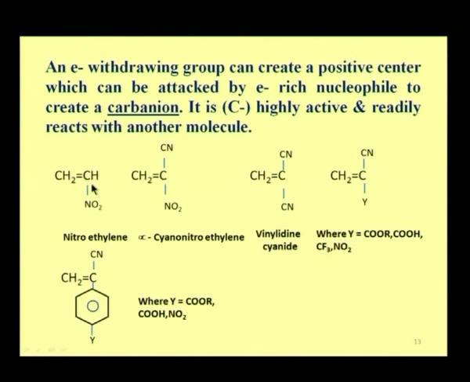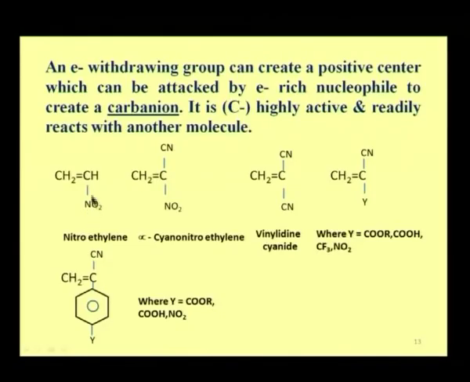This nitro group can influence the electrons to get attracted over here, and this carbon becomes a positively natured carbon. When this is positively natured, there is an easy attack by a nucleophile which is rich in electrons on this particular carbon which has become a positive center.